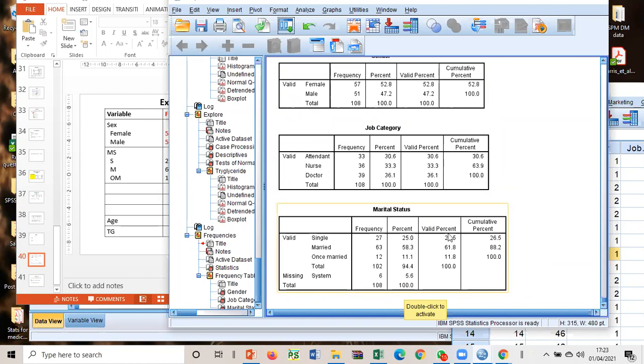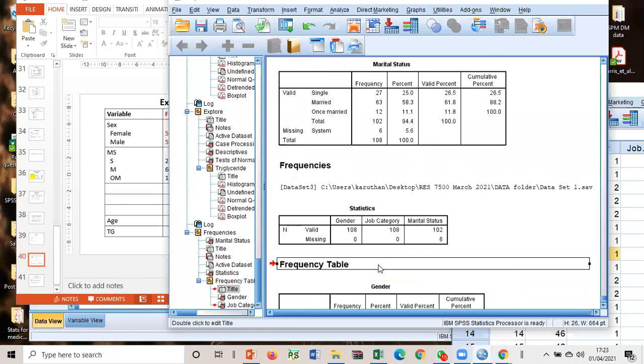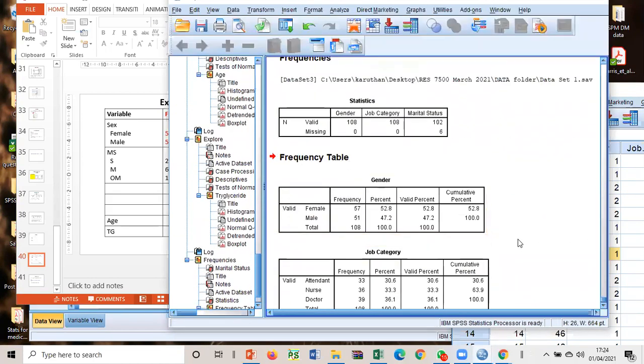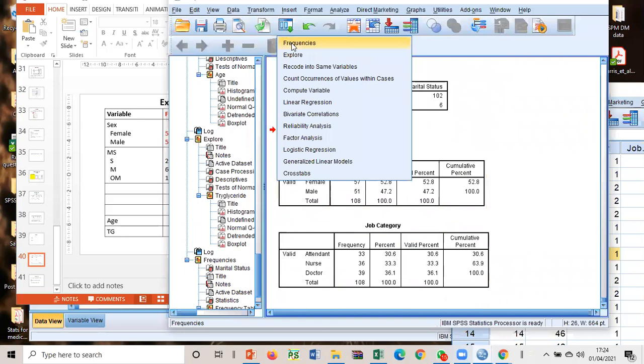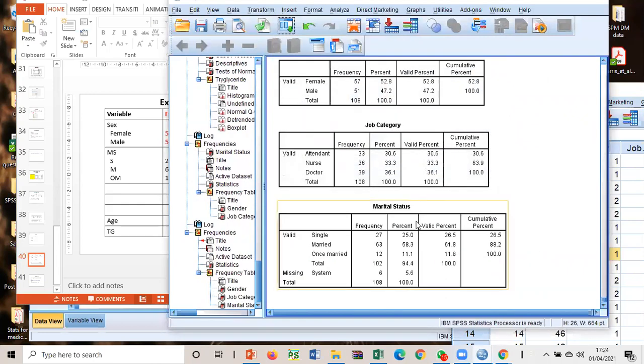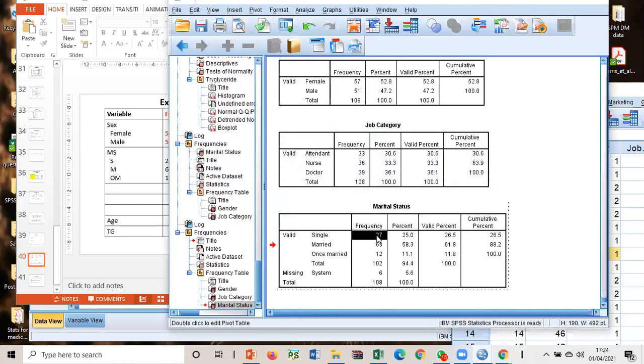Yes. So this percent is 27 over 102. 102 are the known values. 27 over 102 is 26.65.